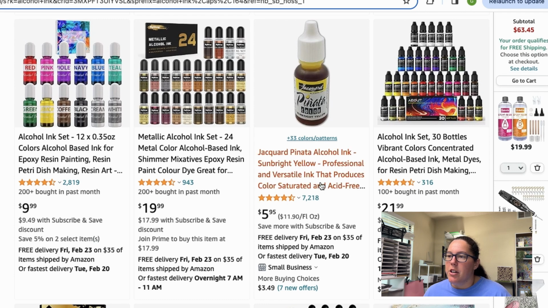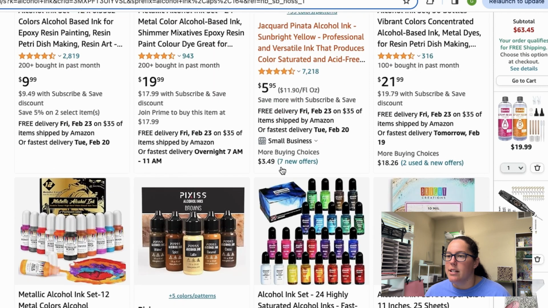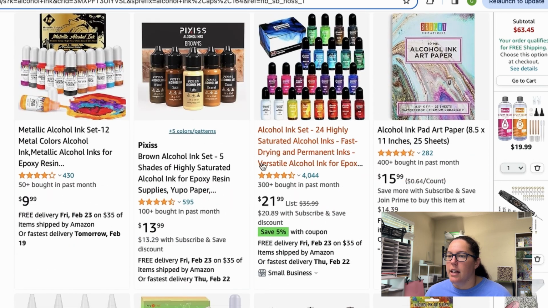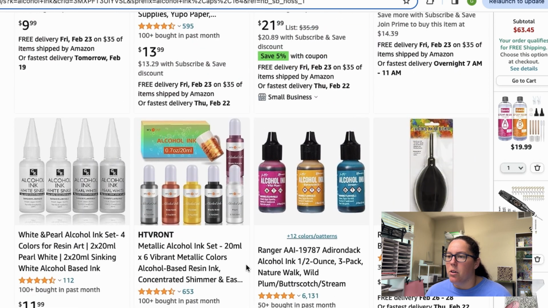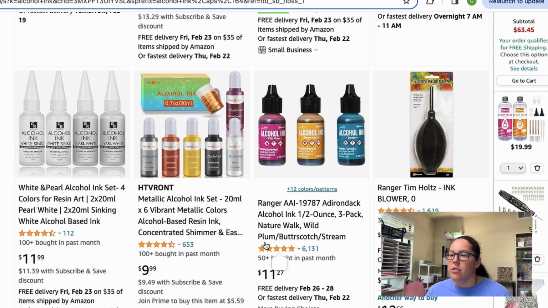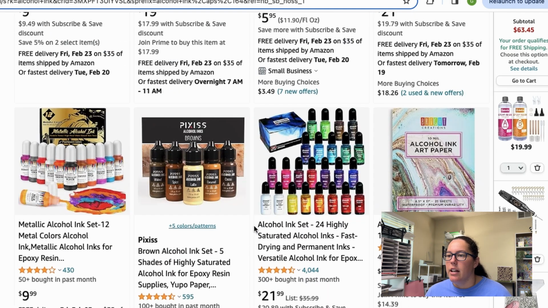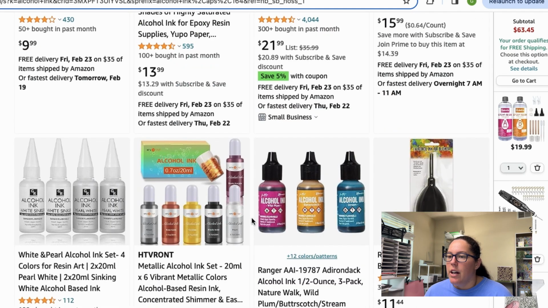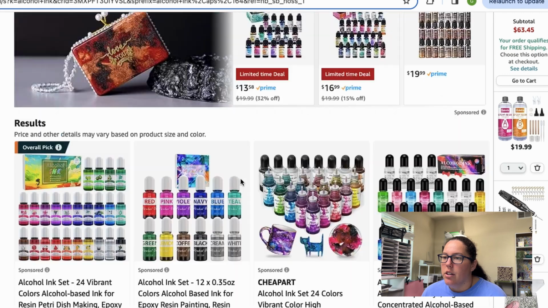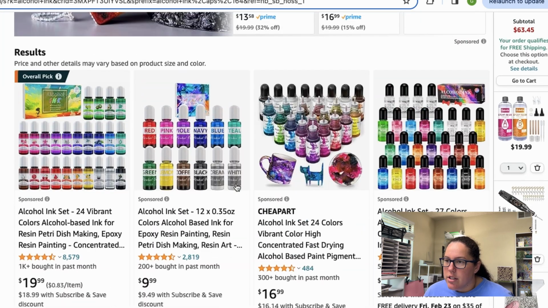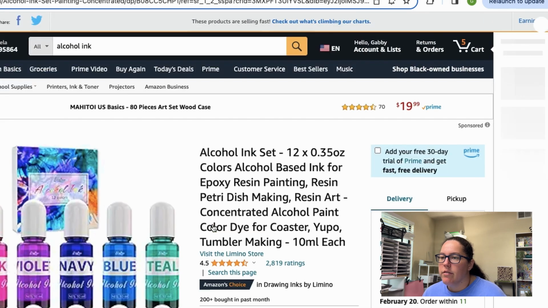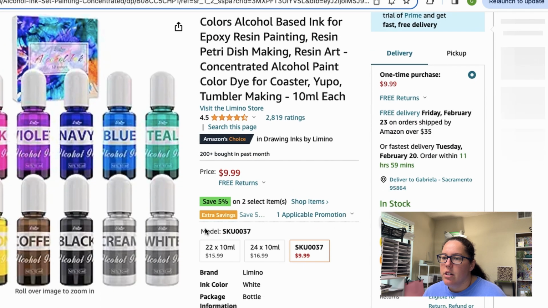Maybe later I eventually could get single ink colors in a bigger bottle, just because I imagine I'll need to buy more, and I might not use all of the colors that I get. So I don't like to waste. So the one that I initially saw had really good ratings or reviews, so I'll probably do that, add that to cart.